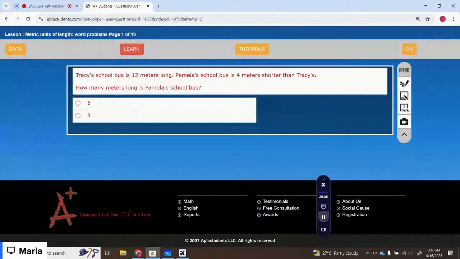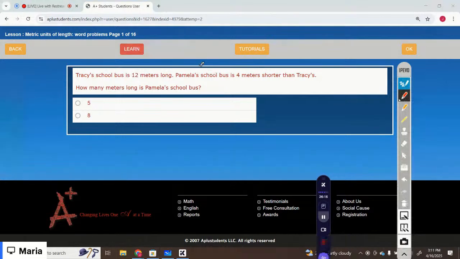Pamela's school bus is 4 meters shorter than Tracy's. How many meters long is Pamela's school bus?